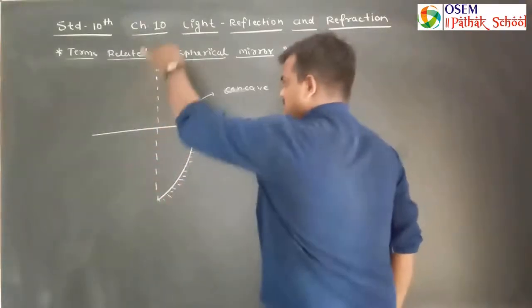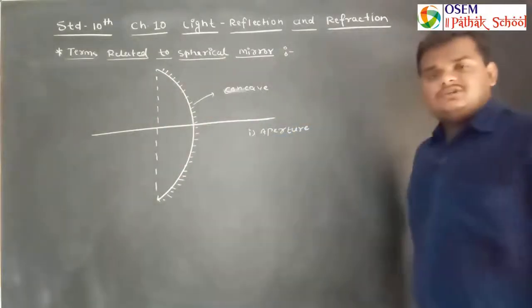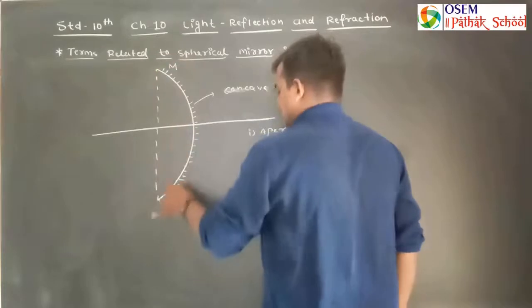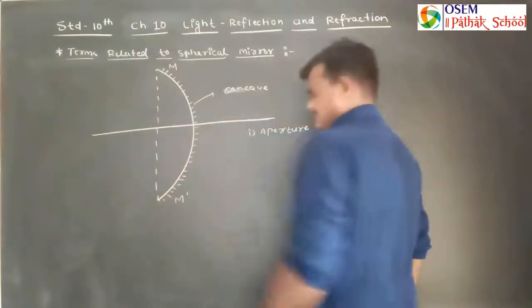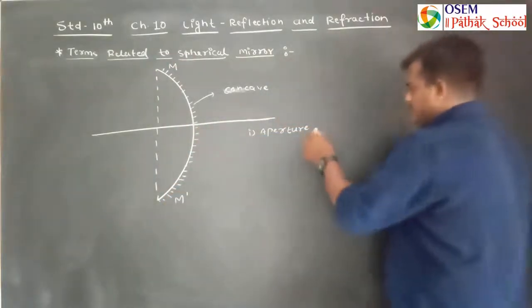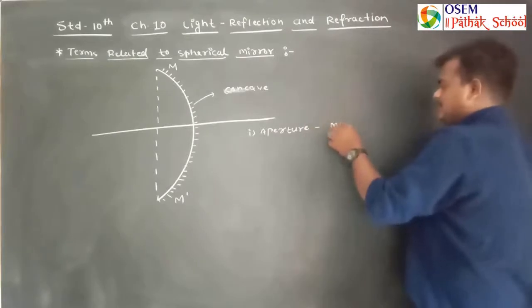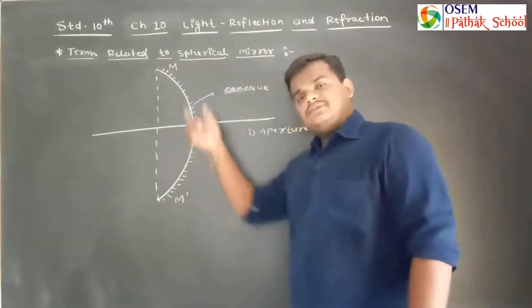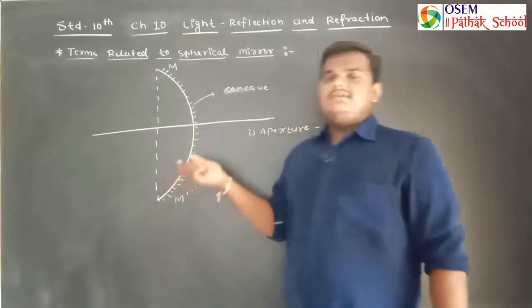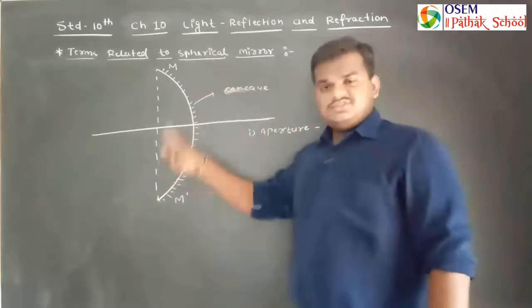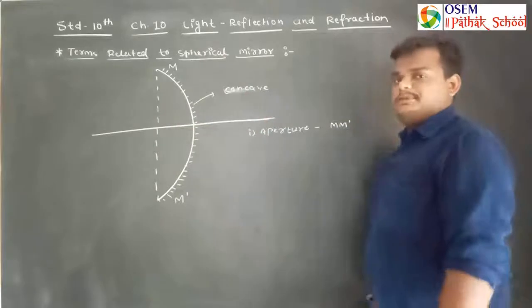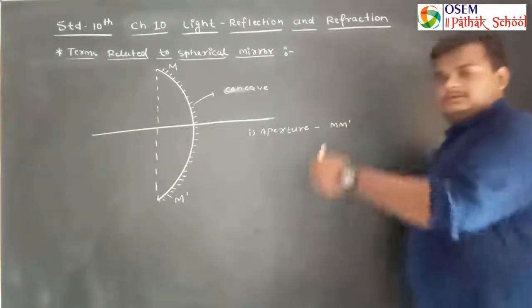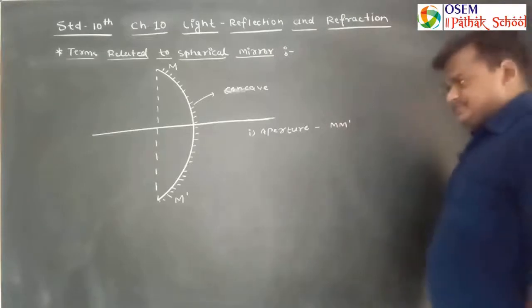This distance is known as the aperture of the mirror. The outer diameter of this spherical mirror is generally considered as the aperture of the spherical mirror. So this is the first definition related to the spherical mirror, aperture.